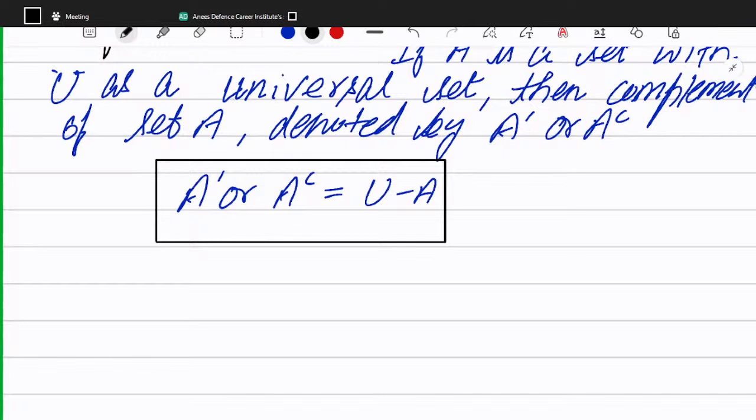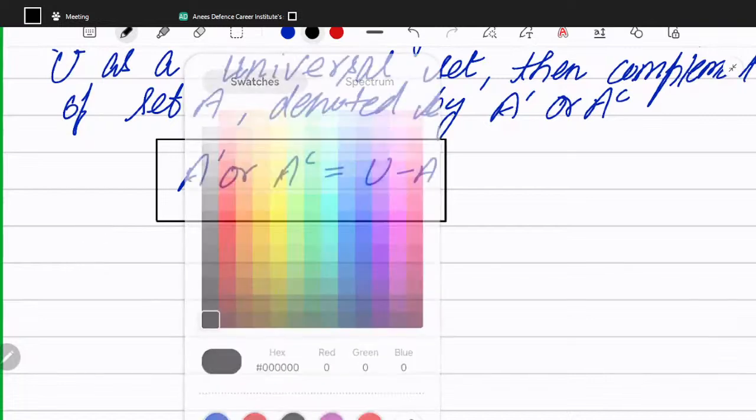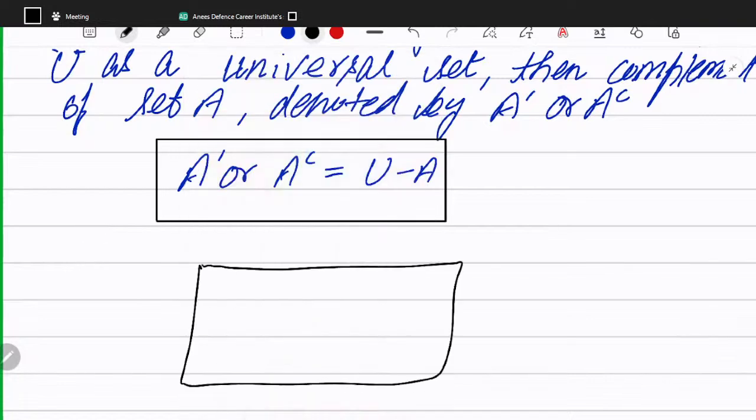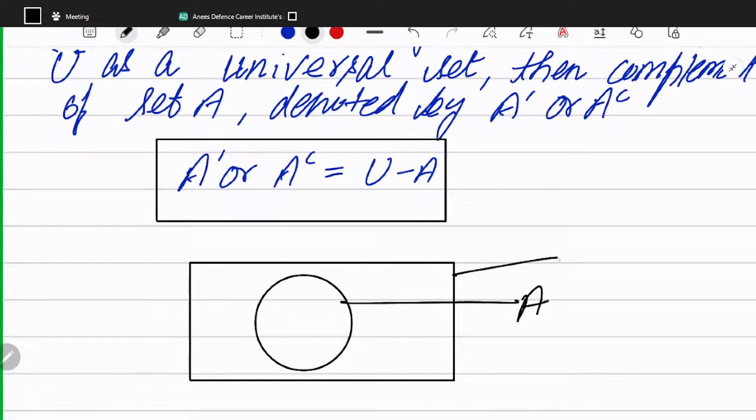Properties of complement of set A. I am taking a Venn diagram of complement of set A. Let's say this is A, this is U, then this one is A dash.